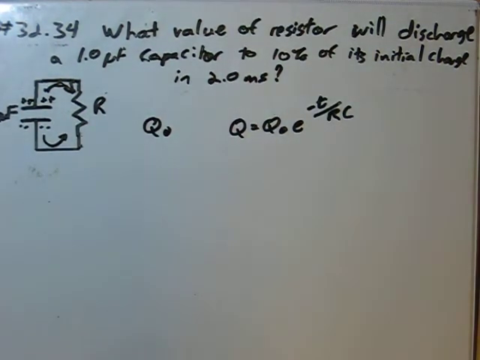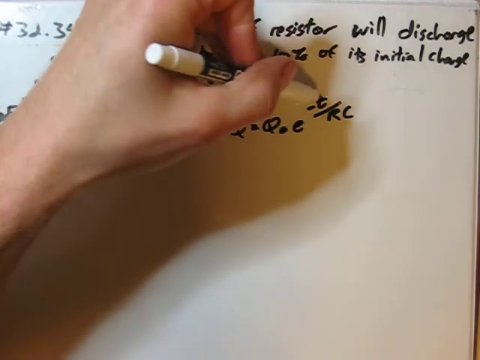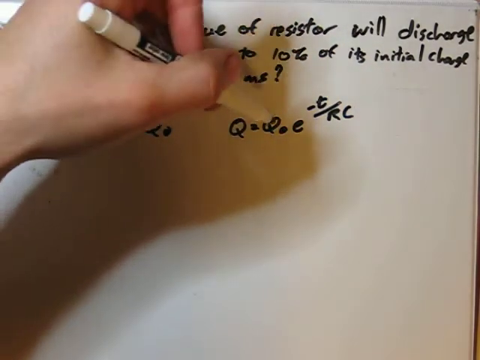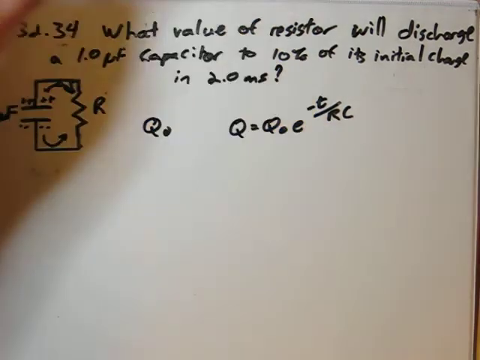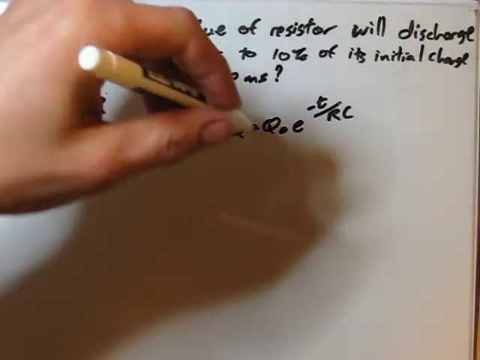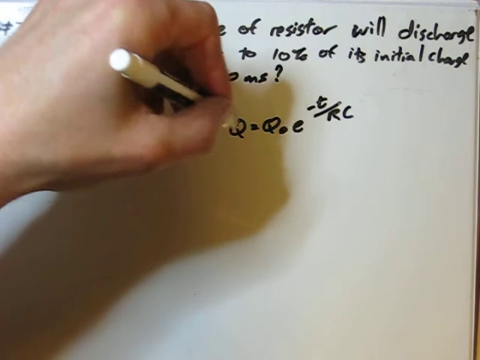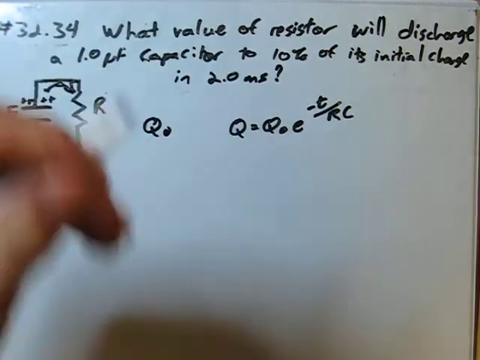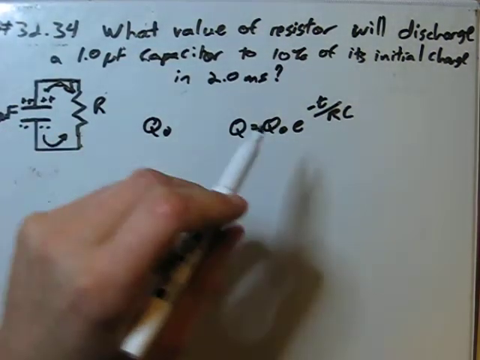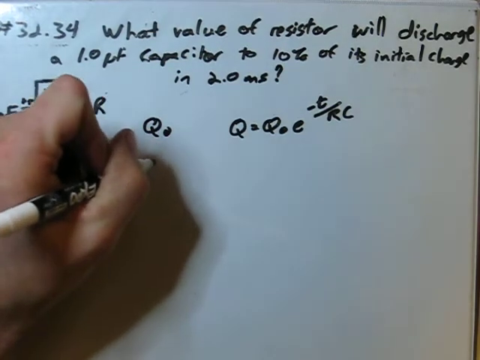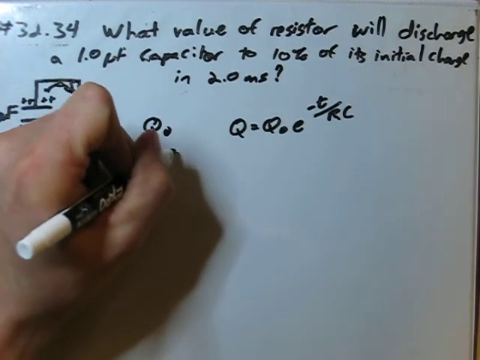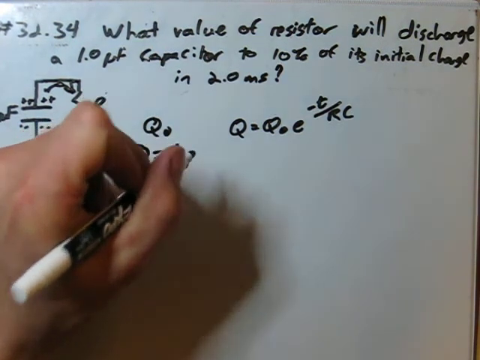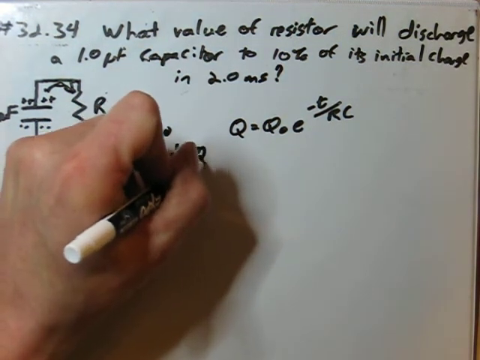Well, we have a couple unknowns here. We know time, but our R is unknown, and this Q naught is really unknown. We don't know what voltage this is. We can take a look at what Q really represents here. Since we're looking at 10% of its initial condition, we could say that Q here happens to equal 1/10 of Q naught.